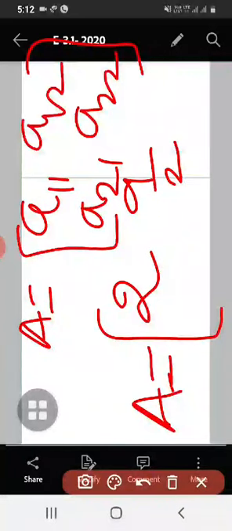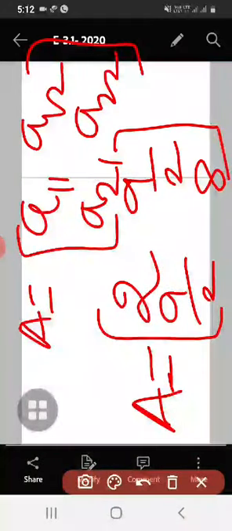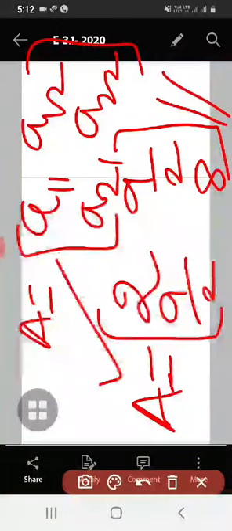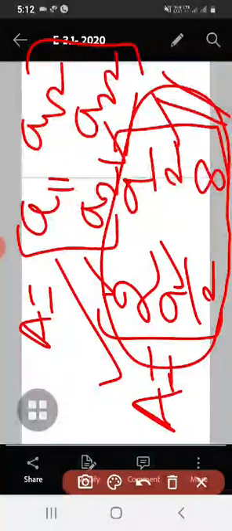Then A21, that is also 9 by 2. Then A22, 8. So this is our 2 cross 2 matrix. We have to work out and find all the elements, and you have to write it in matrix form. Don't leave it at calculating the elements only. We have to substitute A11, A12, A21, A22.